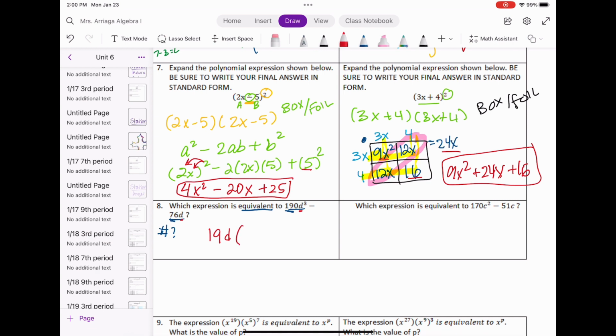I take 19d from the first one, and 190 divided by 19, I have 10 left. I had 3 d's, but I took one out, so I am left with 2.